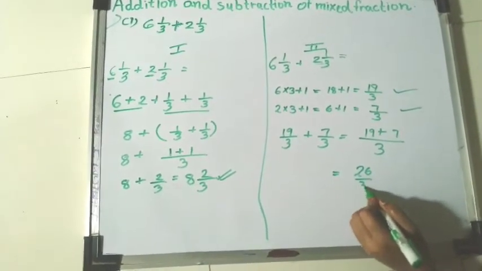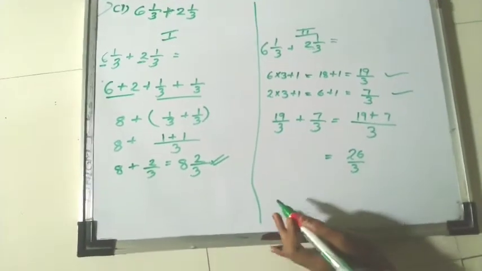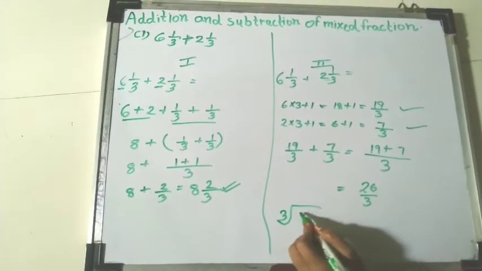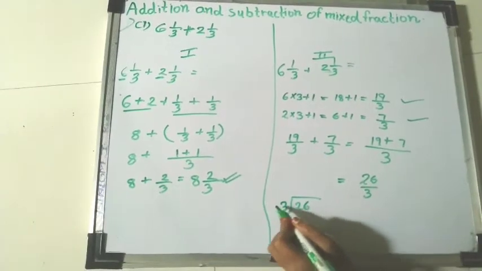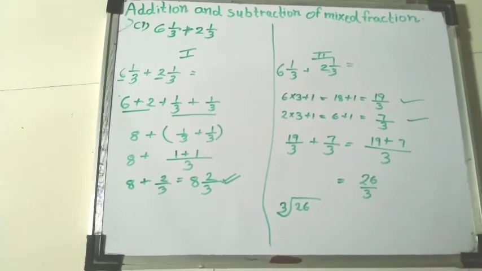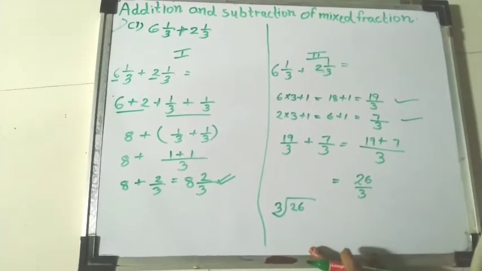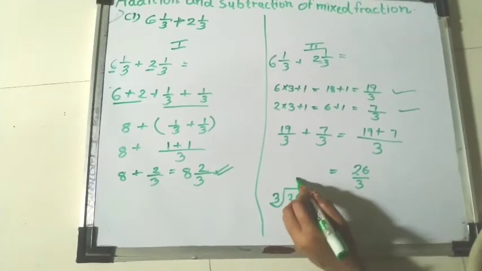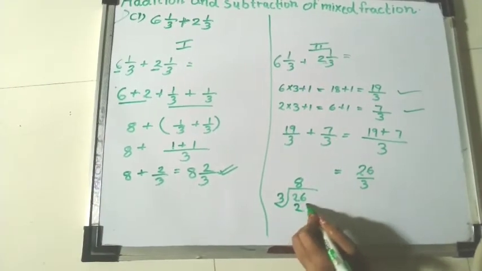26 by 3. Now we will change the improper fraction into a mixed fraction. How can we change it? You can divide by 3, using the table of 3. 3 ones are 3, 3 eights are 24 and 3 nines are 27. It means 8, and 24.